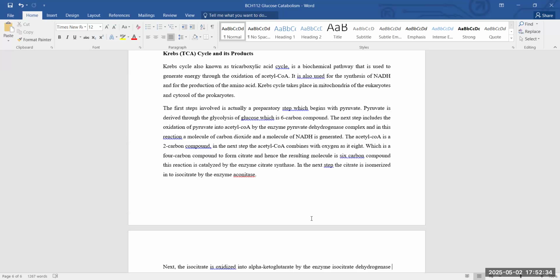pyruvate is not the end product of the glycolytic pathway is that pyruvate is not stable in the body.